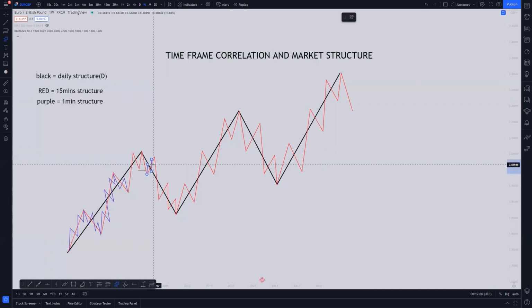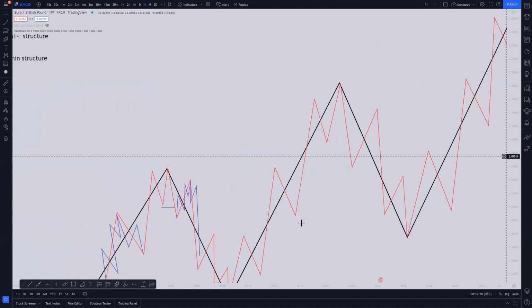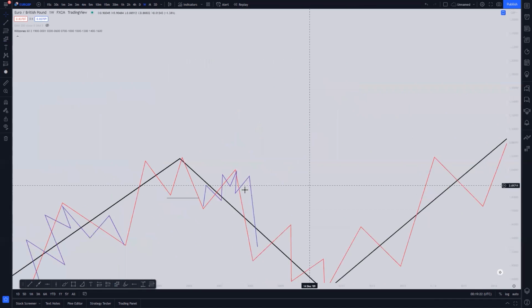Once there's a break of structure on the 1 minute here, this would be our confirmation on the 1 minute to take a sell. Then we can now move. This is what we should expect around that area for the 1 minute. I think I should redo it.